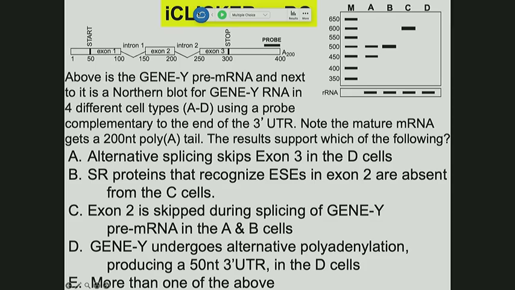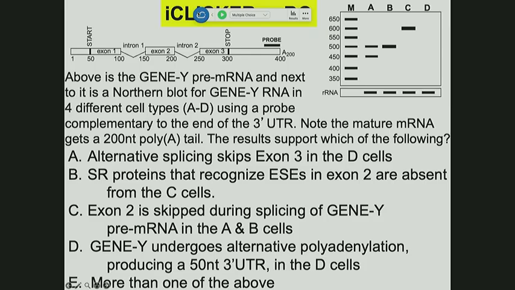What about C? Exon 2 is skipped during splicing of gene Y pre-mRNA in the A and B cells. Well, we just said what would happen if exon 2 is skipped. We would get what size? 450. Is that what we see in both the A and B cells? No. If I just said A cells, would that be correct? Yeah. And do you understand why we can have two bands here?